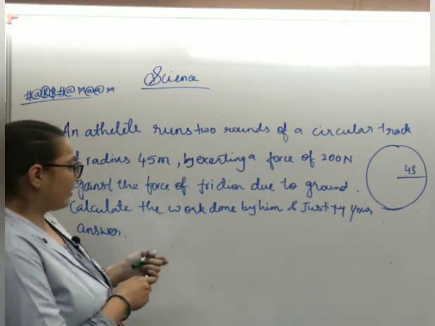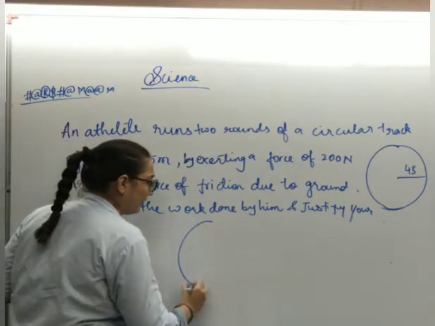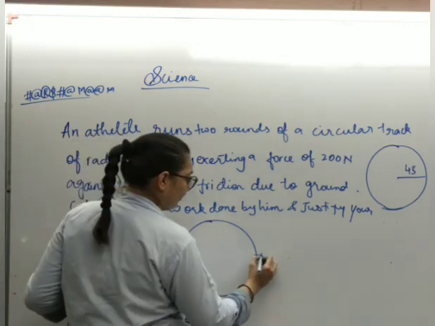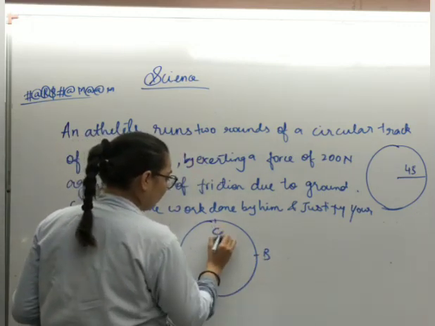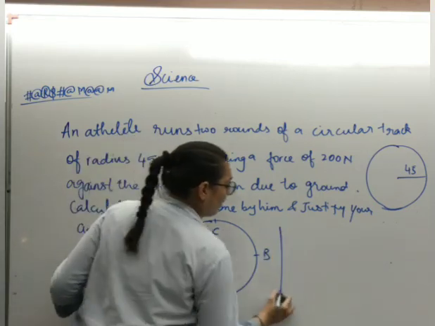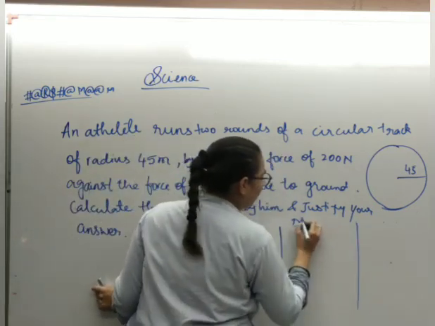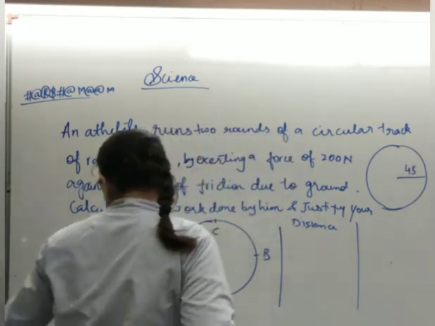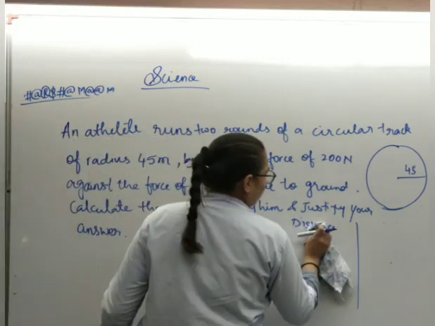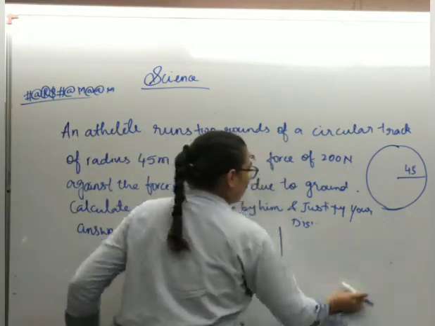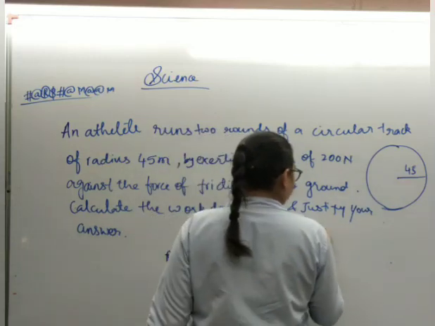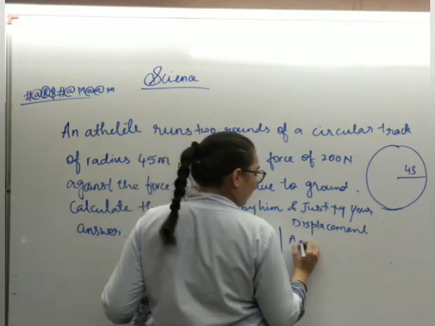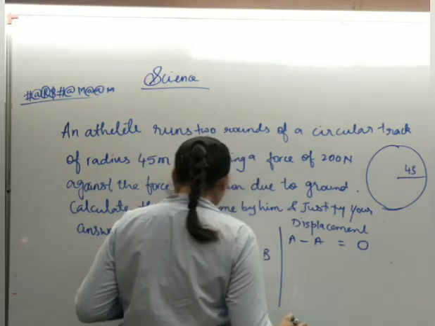Okay, in motion it was like this, for a circular track. Distance and displacement. Here we are only concerned with the displacement. So we'll talk about displacement only. A to A, displacement is 0.